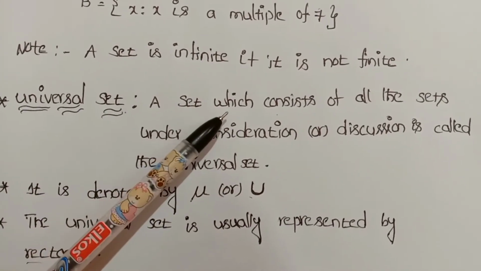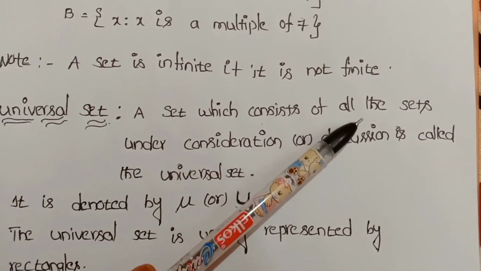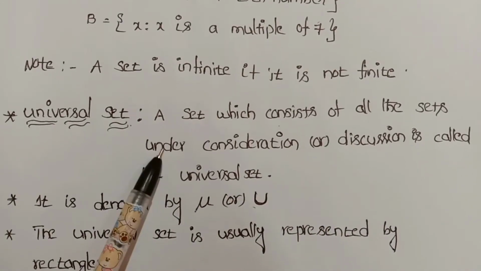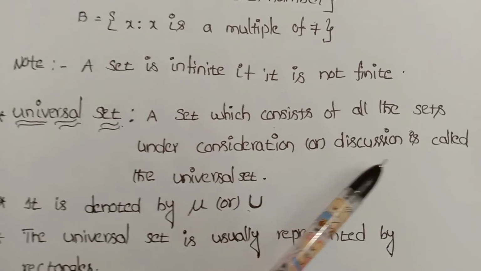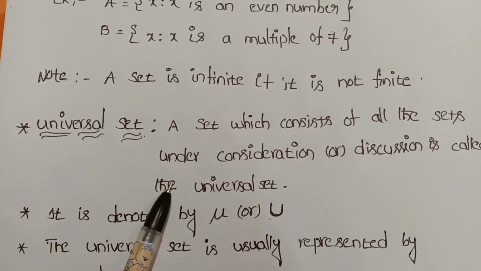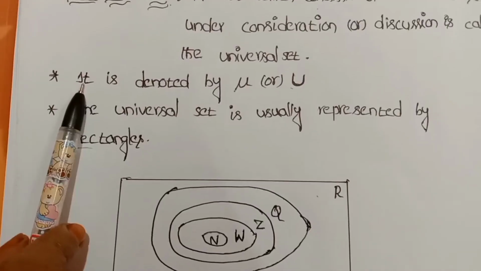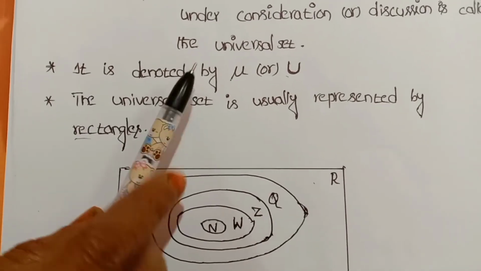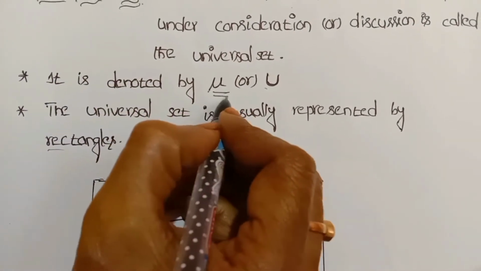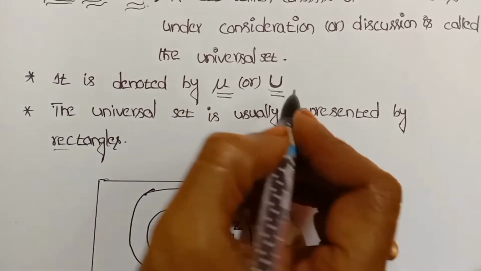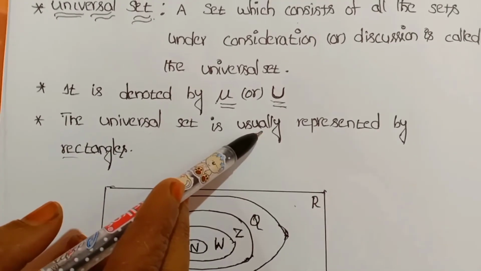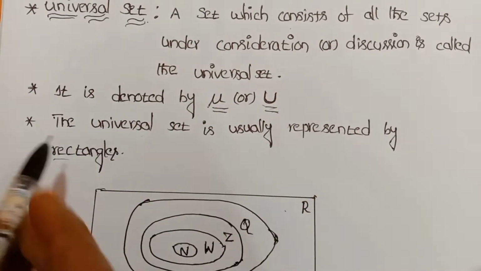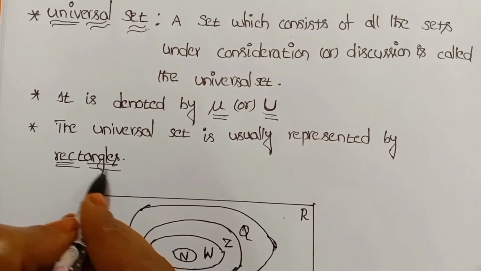A set which consists of all the sets under consideration or discussion is called the universal set. It is denoted by mu or U. The universal set is usually represented by rectangles.